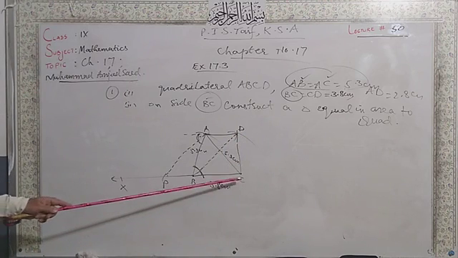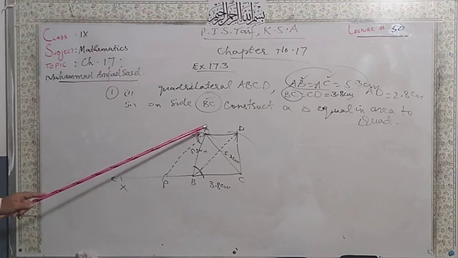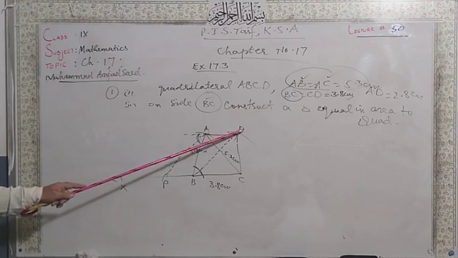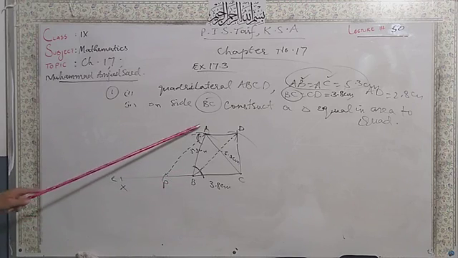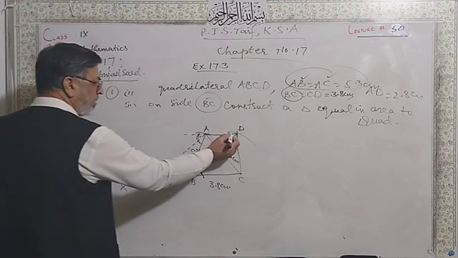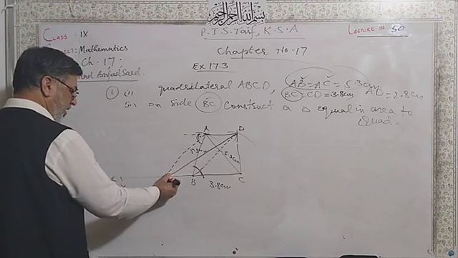Again listen, extend CB up to point X. Now draw B and D. Open the compass equal to AD, taking B as center, then draw the arc which will cut at point P. Join A with P. Now P and D are joined with the solid line.